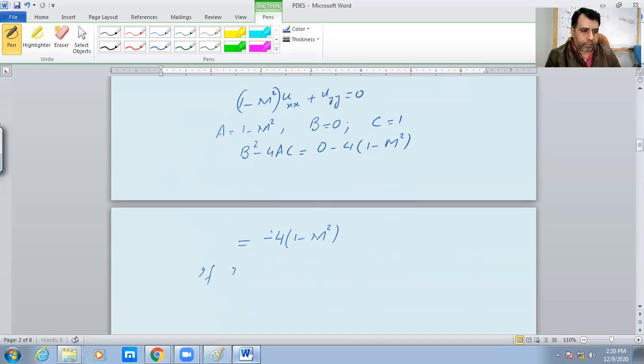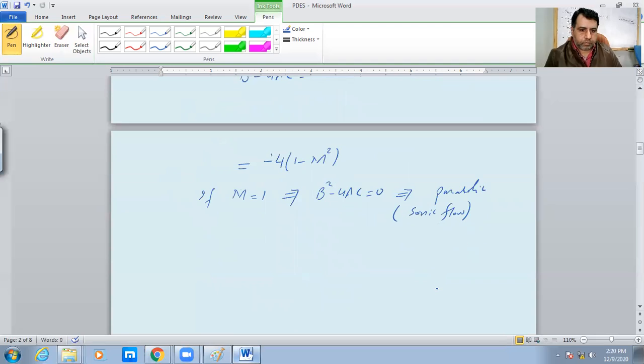So if m equals 1, then of course this discriminant is equal to 0, and the equation would be regarded as a parabolic equation. And this is called sonic flow. If m is less than 1, then of course m square would also be less than 1.